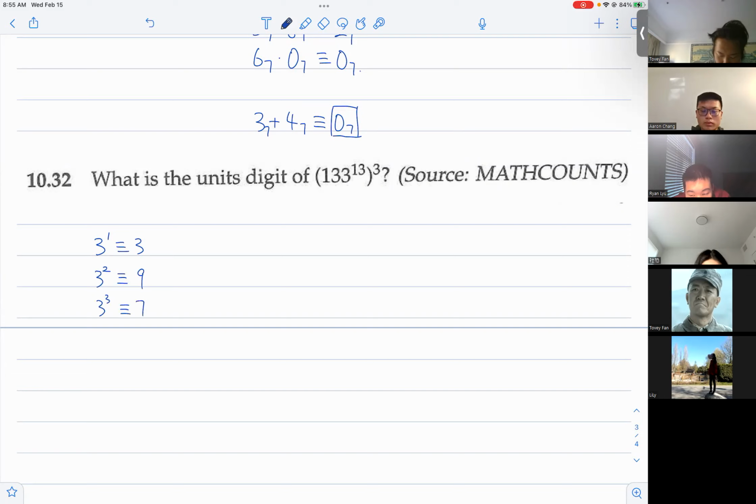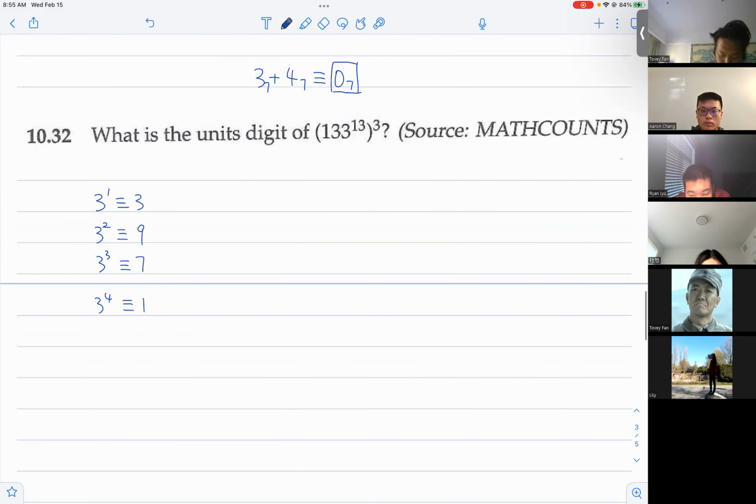And then 3 to the fourth, that's 81, so that's 1. And then you times by 3 again, so 3 to the 5th, you get to 3 again. Because it cycles in 4: 3, 9, 7, 1, 3, 9, 7, 1.